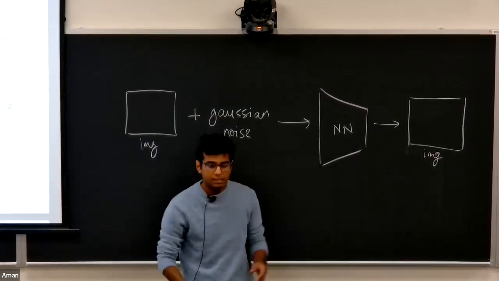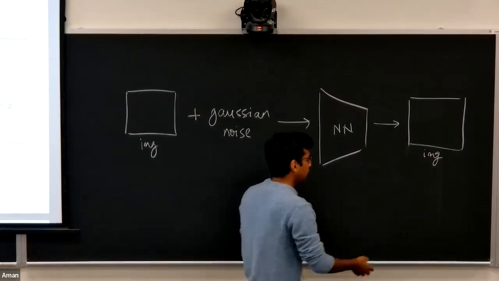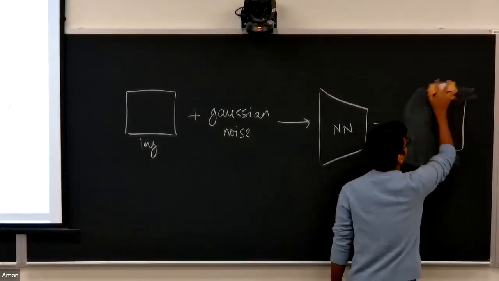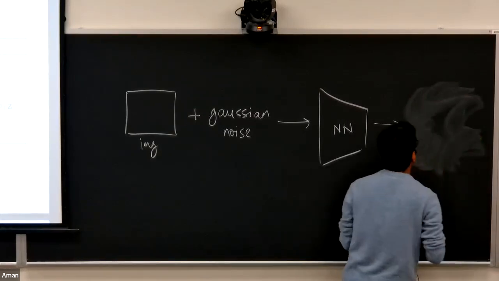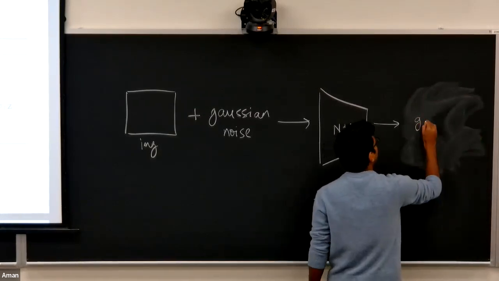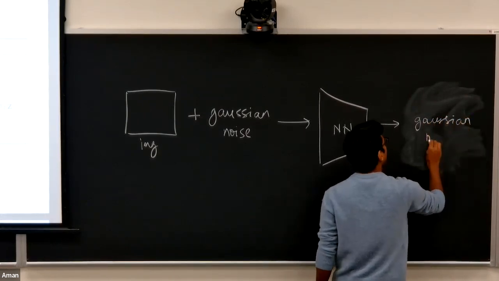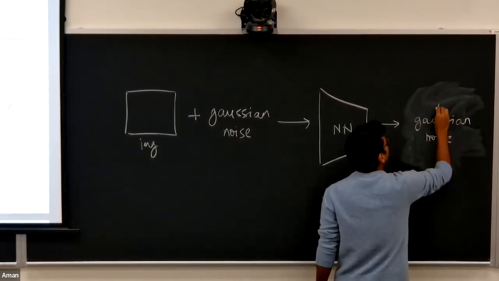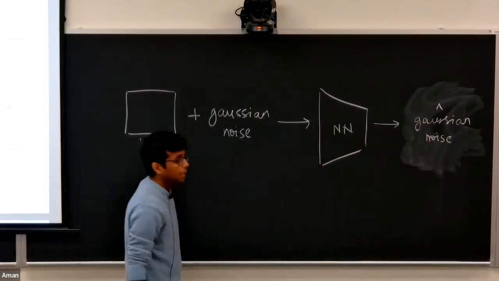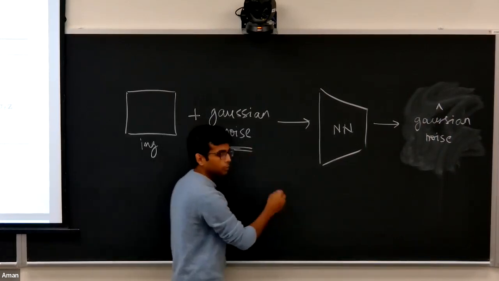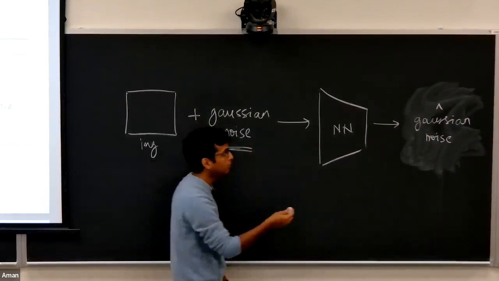And we had seen that this kind of a setup works better if, instead of predicting the clean image, you predict the Gaussian noise itself. So instead of predicting what the image is, you predict the amount of Gaussian noise that was added to the model. And you know what the Gaussian noise was that you added, because this is something that you sample yourself.